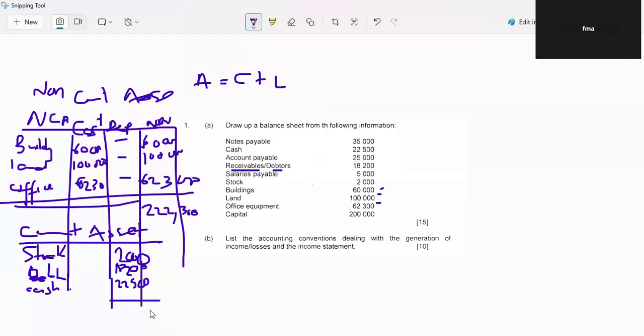So what's the total? 2,000 plus 18,200 plus 22,500.